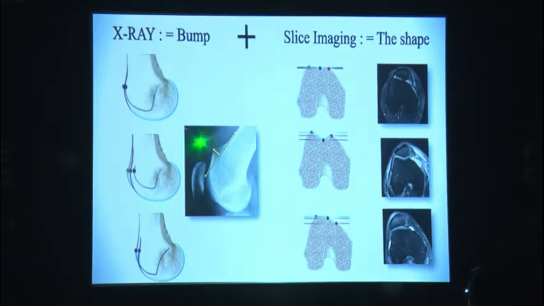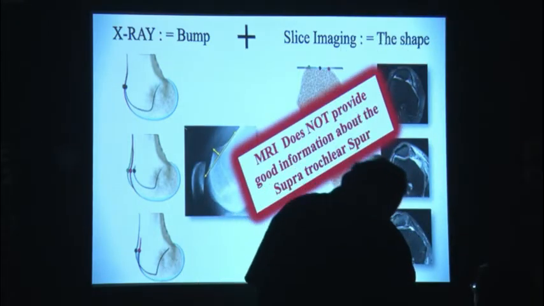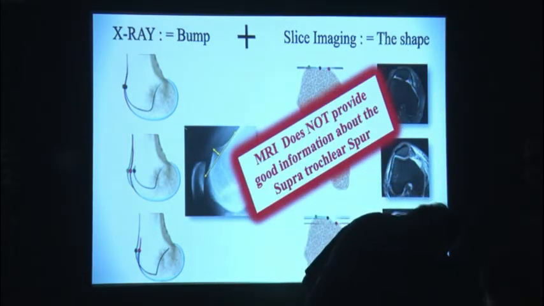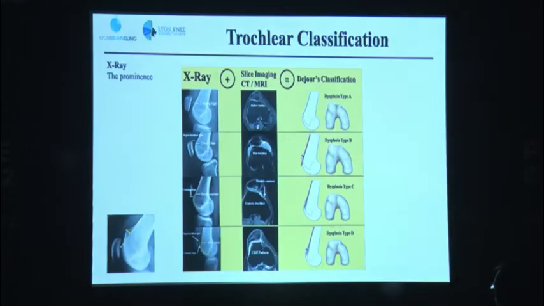So the bump is mostly seen on X-rays, but it's very tough to see such prominence on the sagittal. So the MRI is good, but it's not sufficient because you cannot pick up the prominence very well. So use both, of course. And then you end up with a classification.